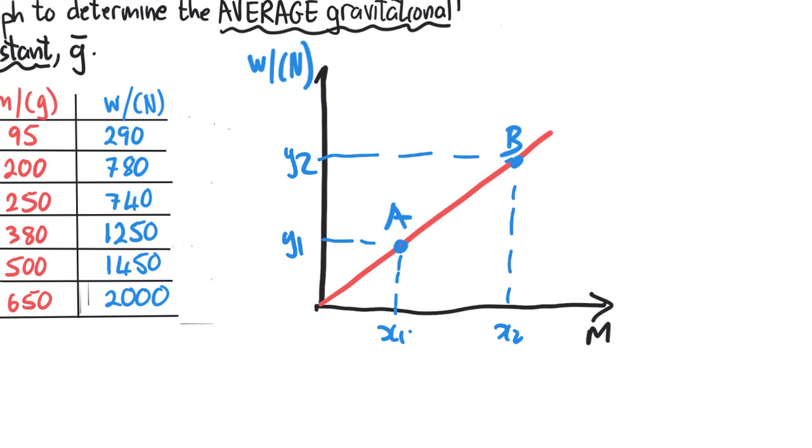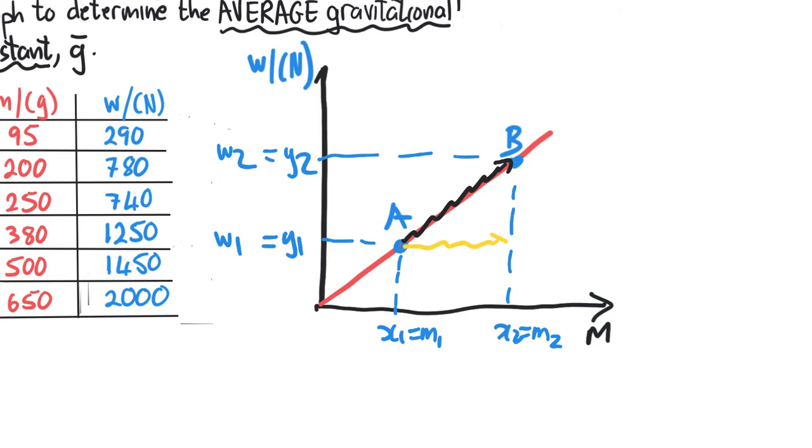But x1 is in actual fact going to be a mass measurement, and the same is true for x2, so we can call them mass 1 and mass 2. And y1 and y2 will be weight measurements, so we can call them weight 1 and weight 2. We are then going to determine what the rise and the run are between points A and B along the graph.